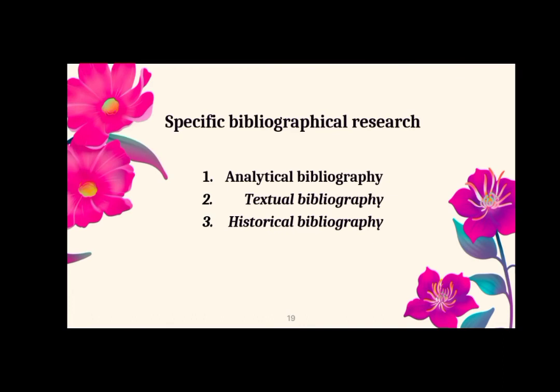Second, textual bibliography, which focuses on certain textual variation between a manuscript and the printed books or among various editions. It is more concerned with the author's words than with the physical aspect of the book. Third, historical bibliography, which deals with identification of original edition and placing and dating of individual books.